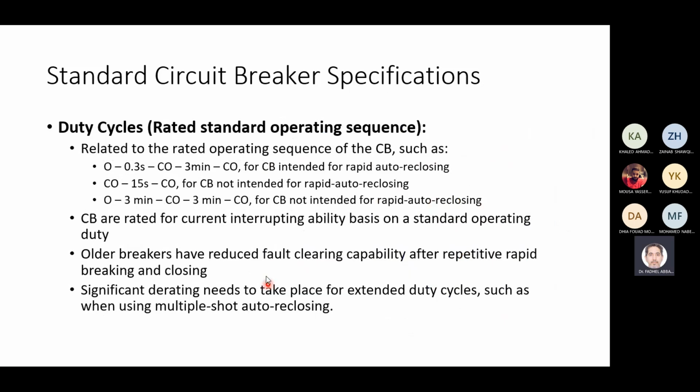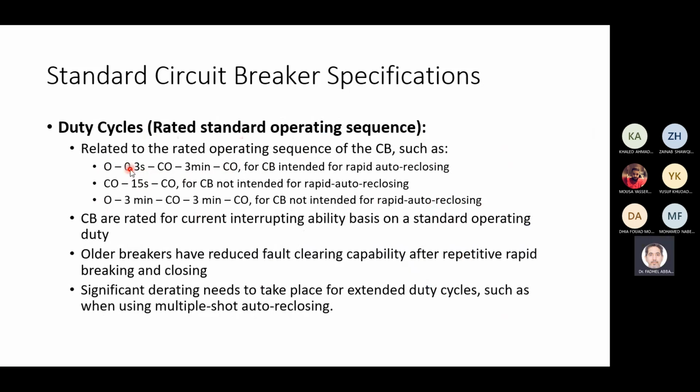The last thing I want to mention is the duty cycle. This is the standard operating sequence. Some breakers are specified as O, 0.3 seconds, CO, 3 minutes, CO. O means open, then a 0.3 second waiting time between each operation, then close-open, 3 minutes, close-open. This means that when a fault happens, the circuit breaker will open.